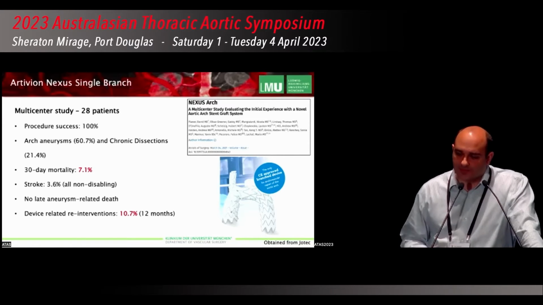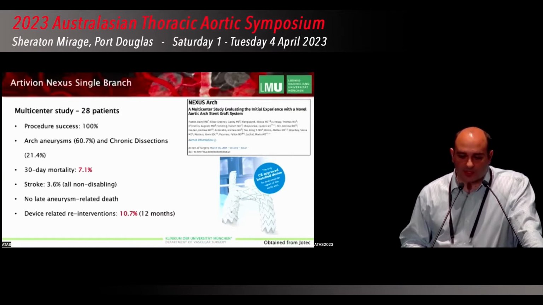It runs through with 2 components, one which is implanted over a through-and-through wire to the brachiocephalic, and then you have to add a component for the ascending. The results were not that bad, with a 7% 30-day mortality, stroke rate of 4%.